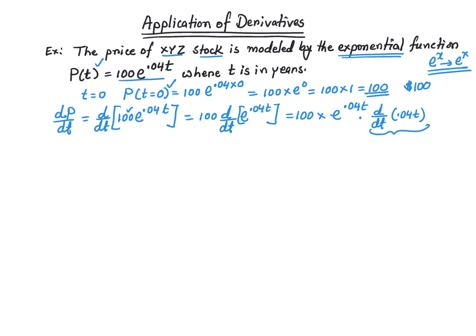That gives me 100 times e to the power 0.04 t times 0.04, which by the way gives dP over dt equal to 0.04 times 100, which is 4, times e to the power 0.04 t.